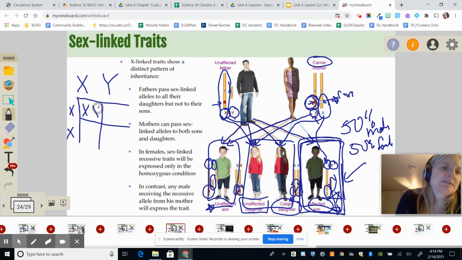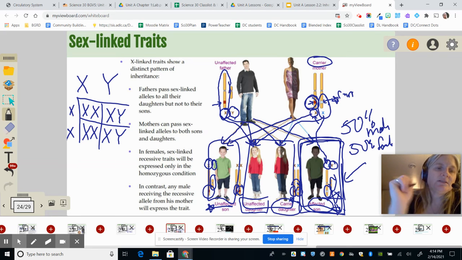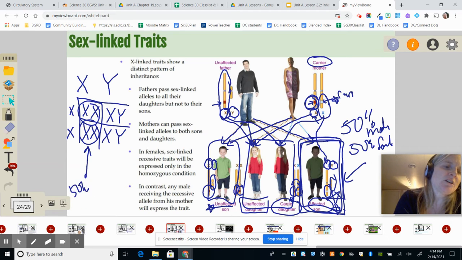We're leaving out any disorders in this case, just to show you how sex is determined and expresses itself. So here, 50% of the offspring are female, and the other 50% are male.